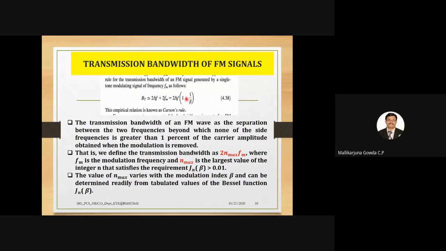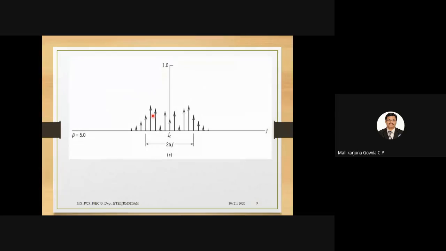So here you need to do one step. What is that first step? First you need to tell this much: the transmission bandwidth required for transmitting the FM signal is approximated, an empirical relation I said, right? It is 2 delta f plus 2 fm. So why did he decide it is 2 delta f plus 2 fm? Based on this, he has approximated.